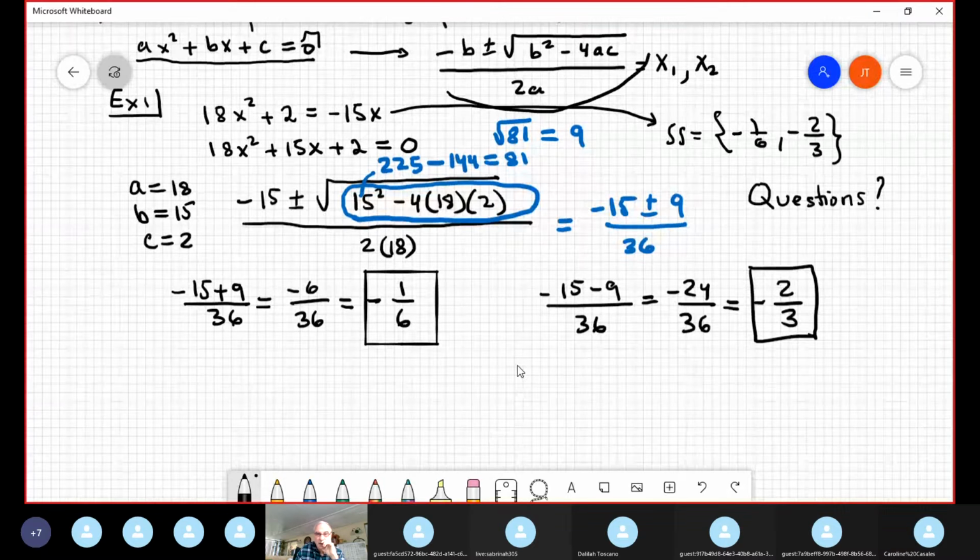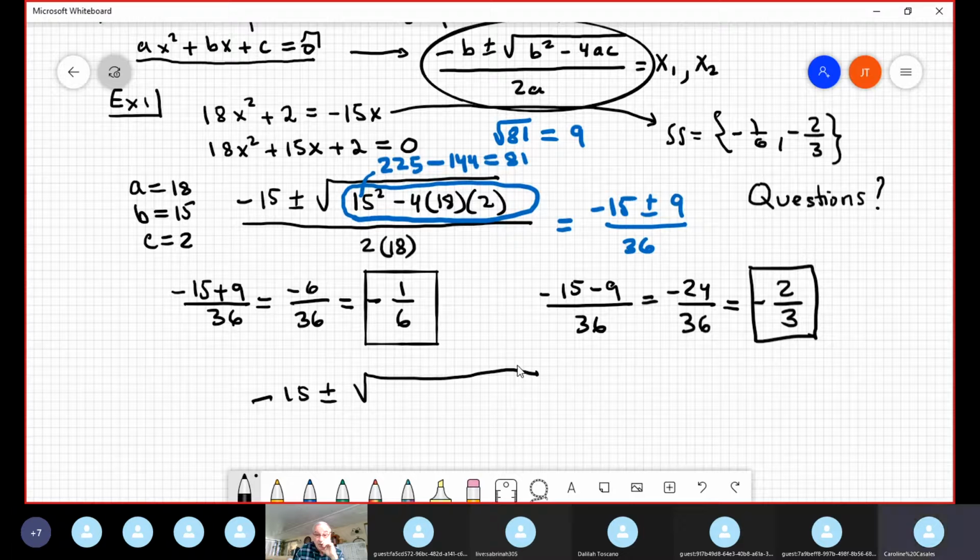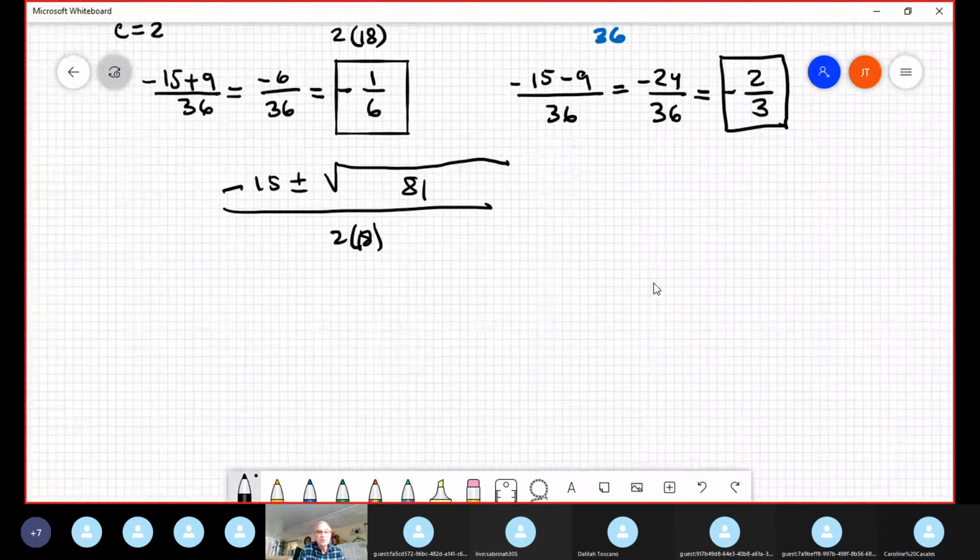In the formula I have minus 15 plus or minus, but when I compute, the expression inside is 81. That is the reason the next step is to compute the square root of 81. Okay? Do you see the formula? Do you understand now? Okay, super. Let's move on to the second example.